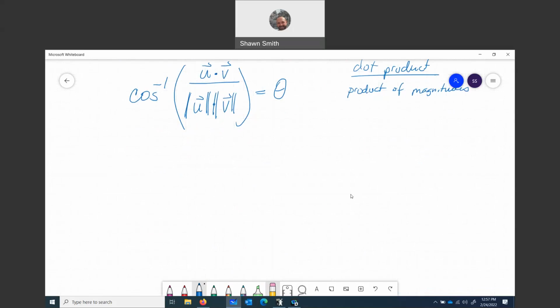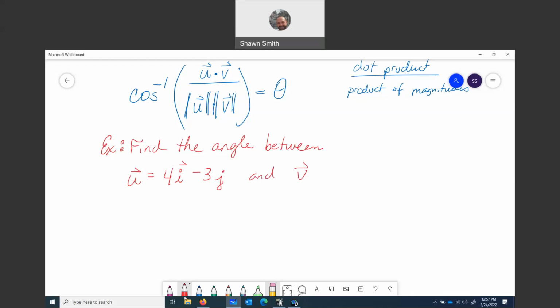So find the angle between these two vectors. Vector u is equal to 4i minus 3j, and v is 2i plus 5j. All right, so we do the dot product.